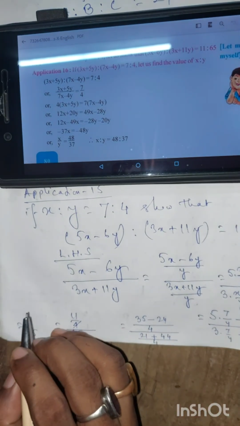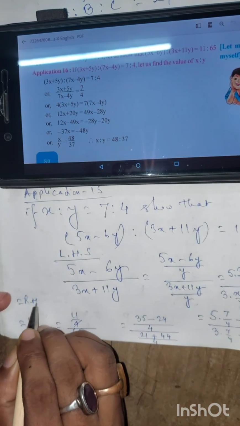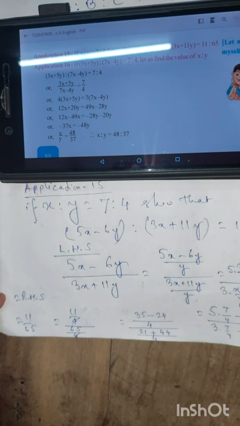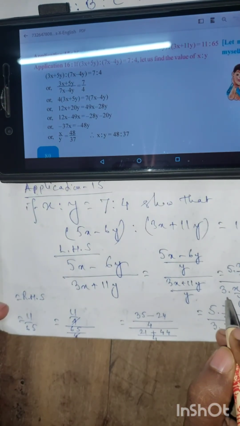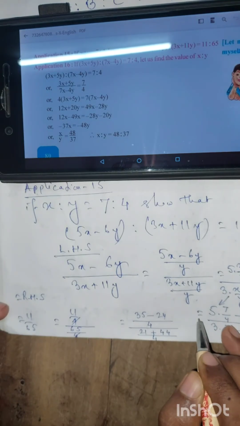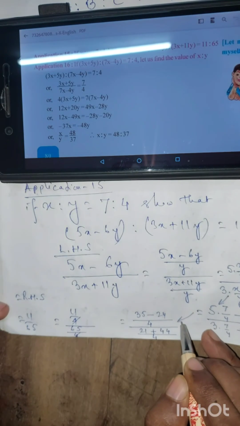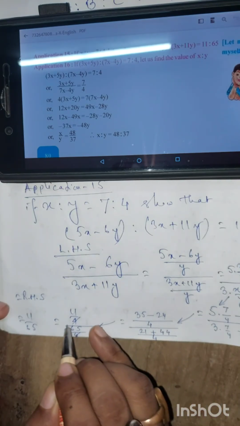So this is actually RHS. So LHS equal to RHS. So I have solved this question in this direction. Okay. Don't get confused.